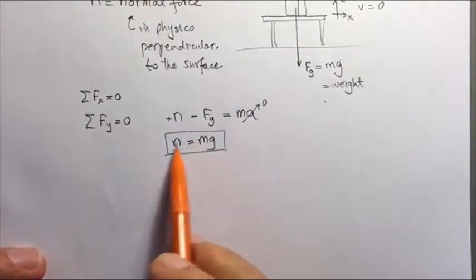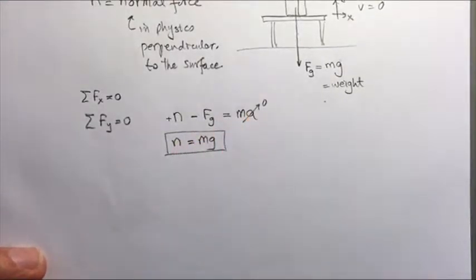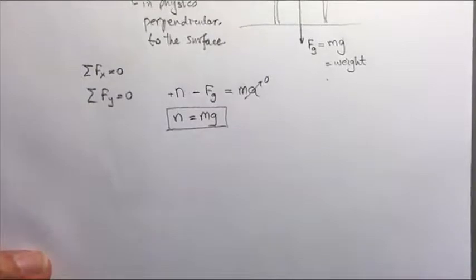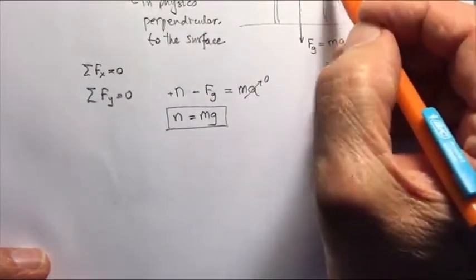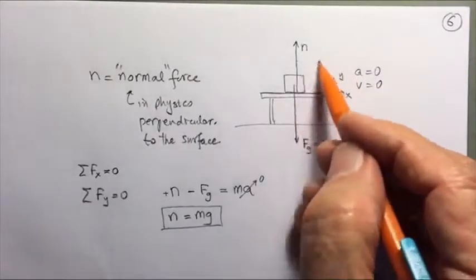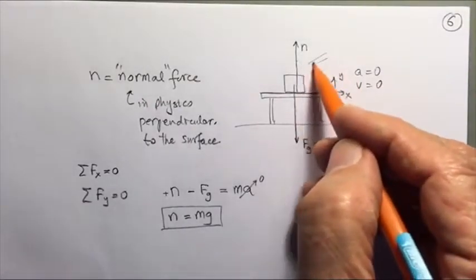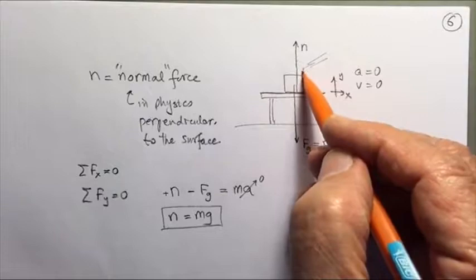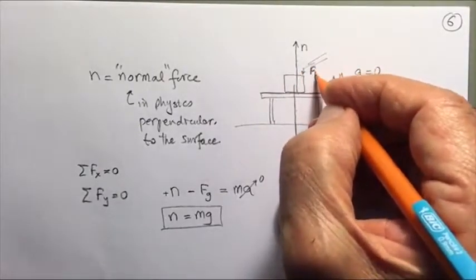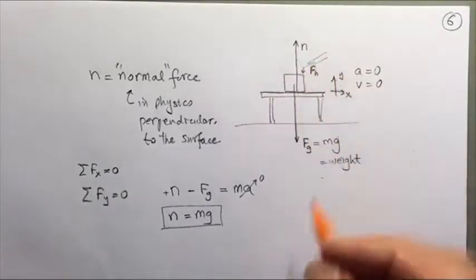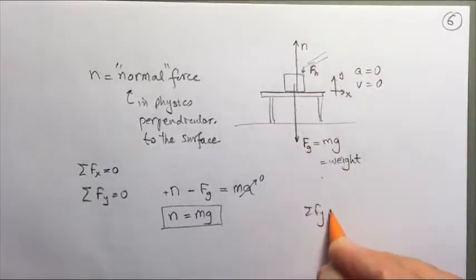Now, the normal force is not always mg. Sometimes it's more, sometimes it's less. For example, if there was a person who would push it down, so you have a person's hand coming here and pushing downwards with a force, let's say F_H, now we find the forces. The sum of forces in the y direction is 0.